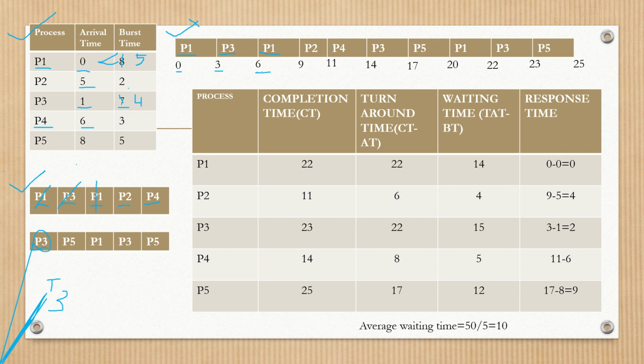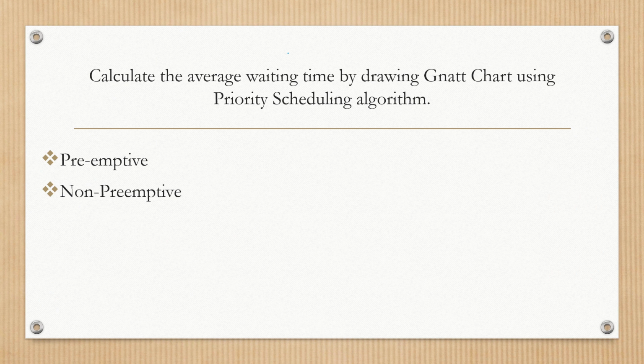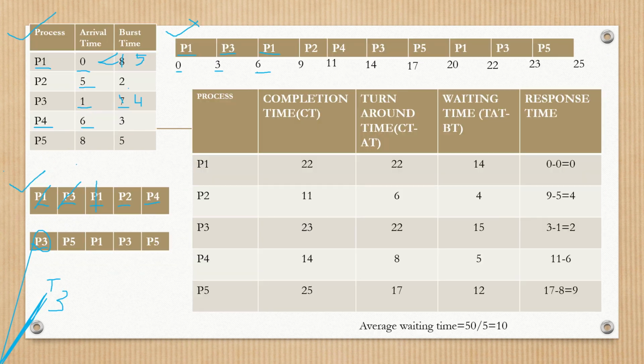Again the CPU will execute 3 more units. It is not mandatory that it will execute the full quantum every time if the remaining burst time is less. Here you can see that P1 still needs 5 more units to complete.